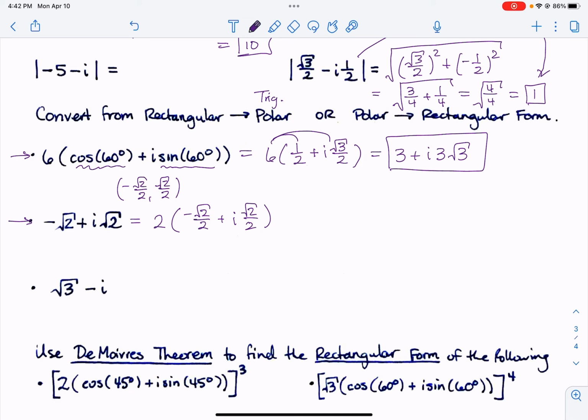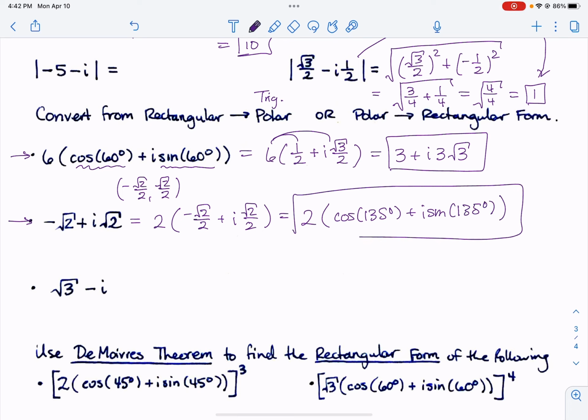What angle creates this coordinate on the unit circle? That's going to be the angle 135. So my final answer is going to be 2 times cosine of 135 degrees plus i sine of 135 degrees. And that's my final answer.